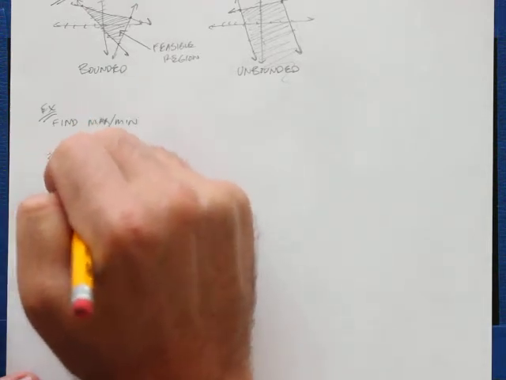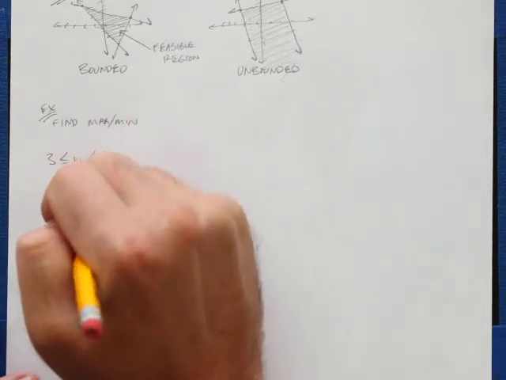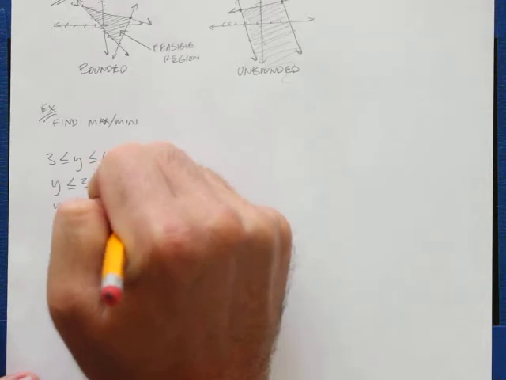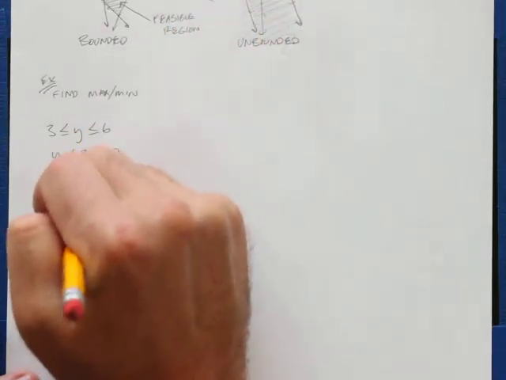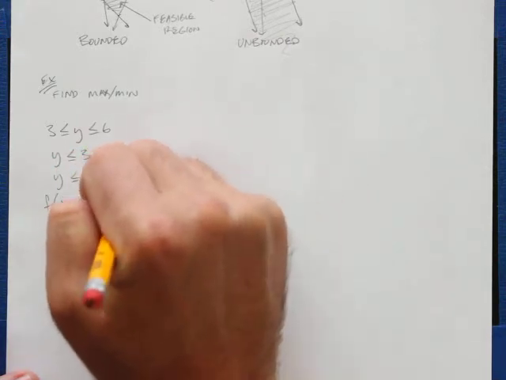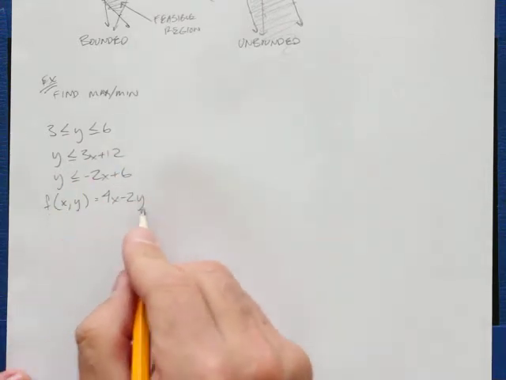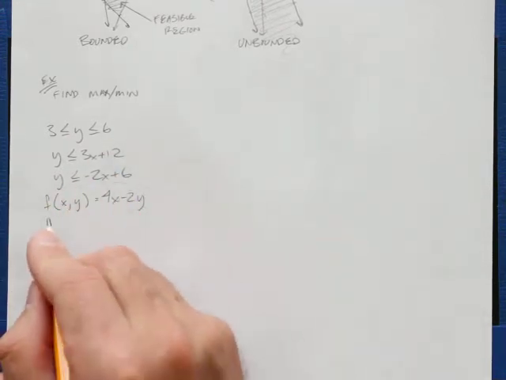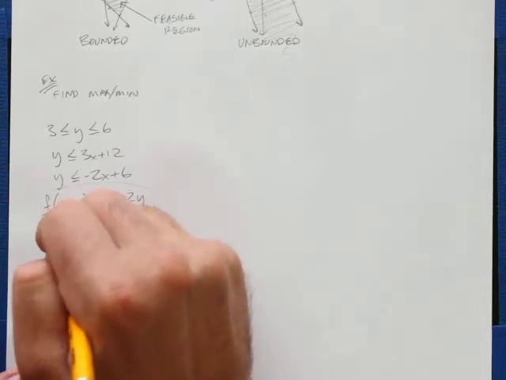Y is less than or equal to 3x plus 12. Y is less than or equal to negative 2x plus 6. And then we have this f of x, y for 4x minus 2y. So when you get this equation down here at the bottom, this is the one we're going to use to plug in the vertices.